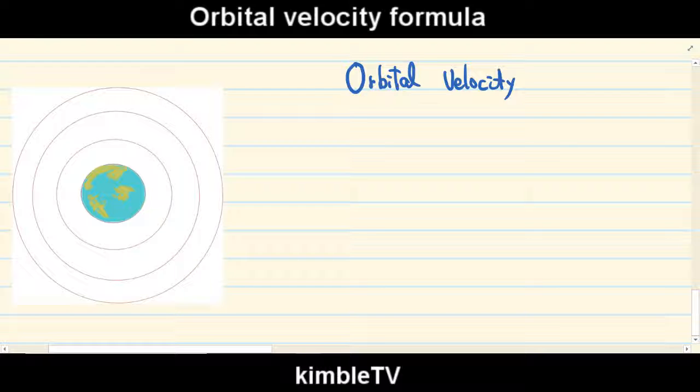So around the Earth there are lots of orbits with different velocities. Their velocities depend on the distance from them to the Earth's center. So they have different velocities. These are called orbital velocities.